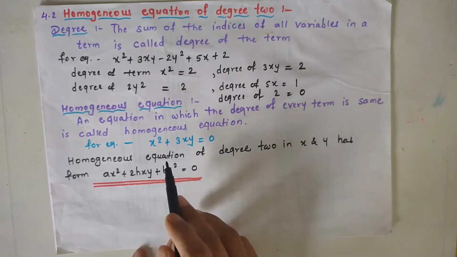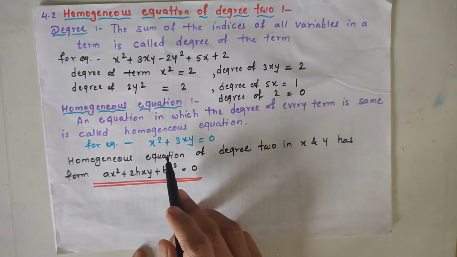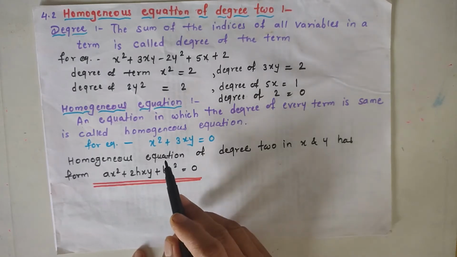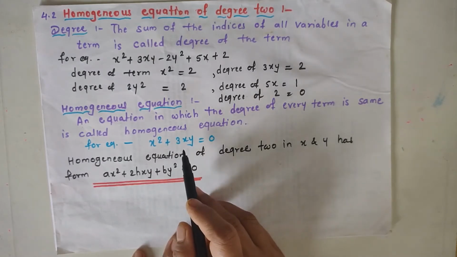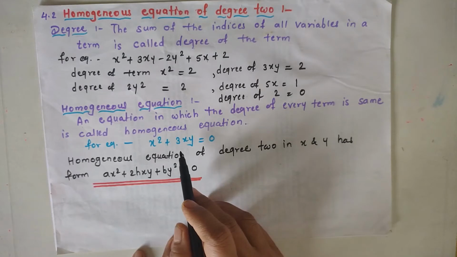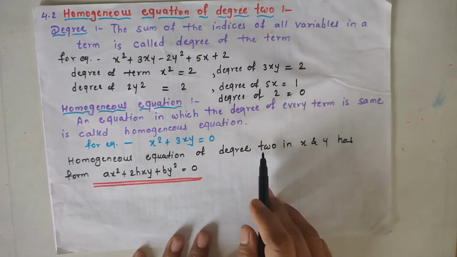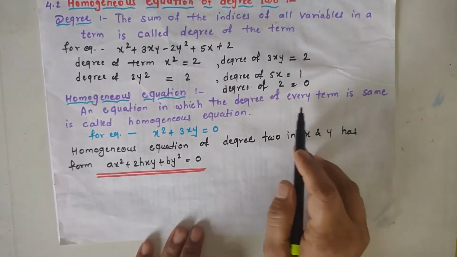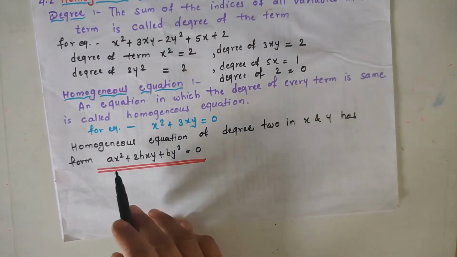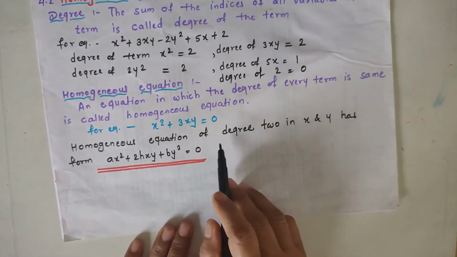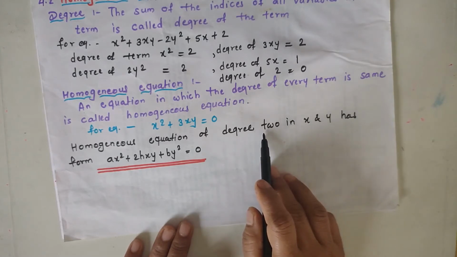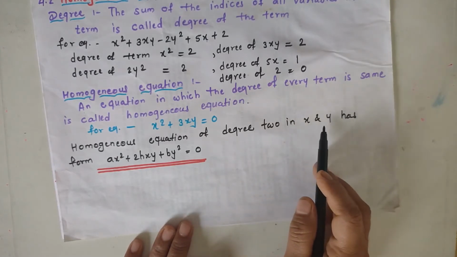So this is a homogeneous equation, and when the degree of every term in the given equation is 2, then the equation is called a homogeneous equation of degree 2. If the degree of each term is 2, then it is called a homogeneous equation of degree 2 in x and y.